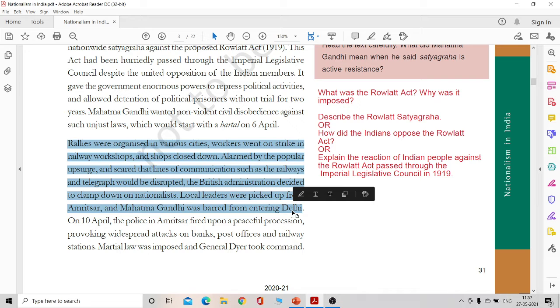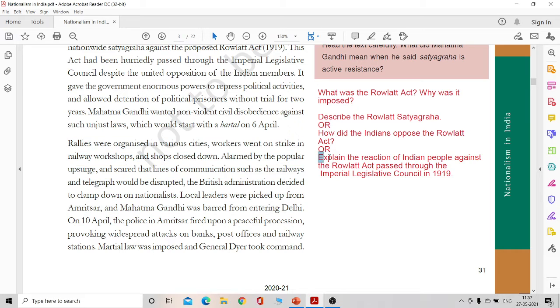All these particular details, and how the British administration decided to clamp down on the satyagrahis, all have to be mentioned, right? Local leaders were picked up from Amritsar, and Mahatma Gandhi himself was not allowed to enter Delhi. All of these you have to mention, right?